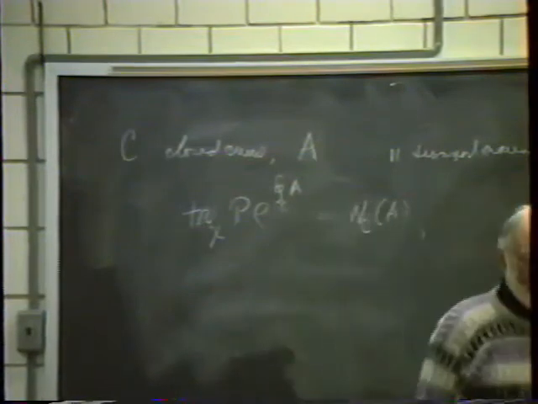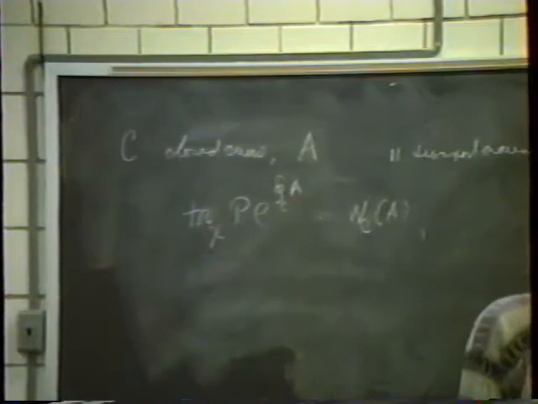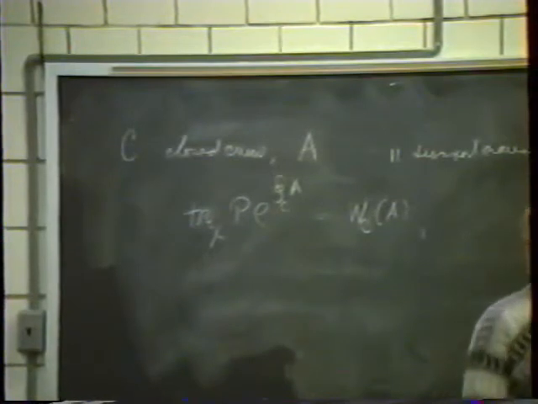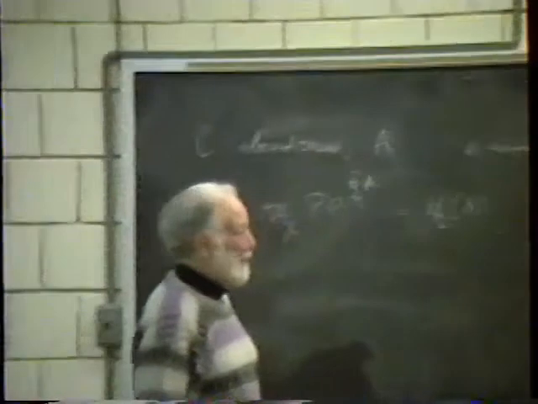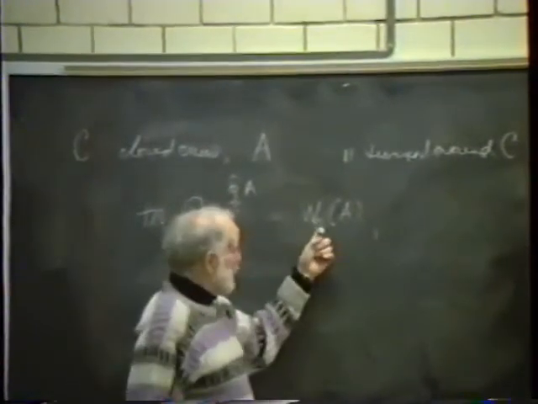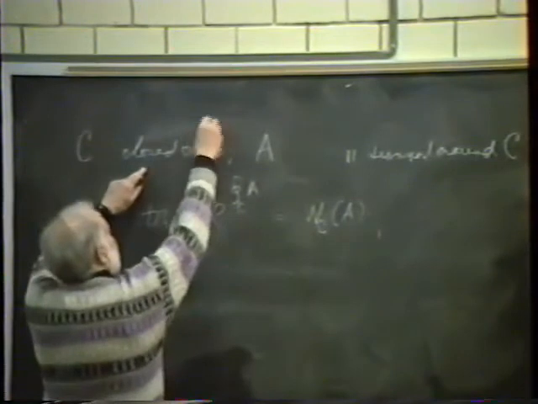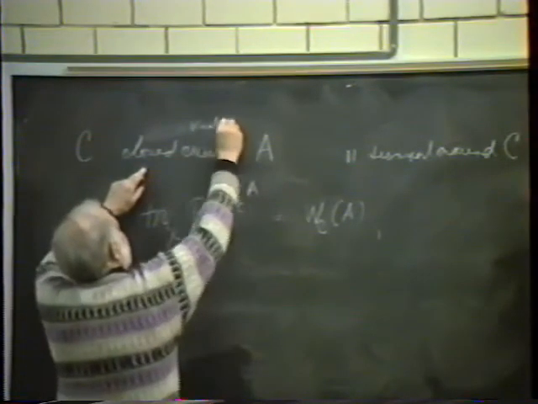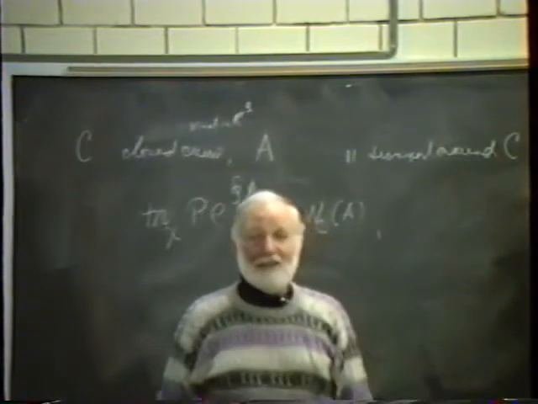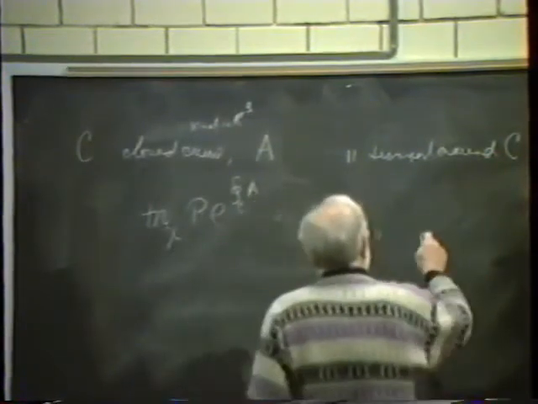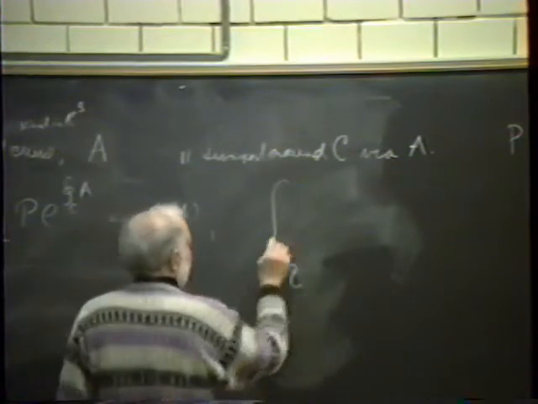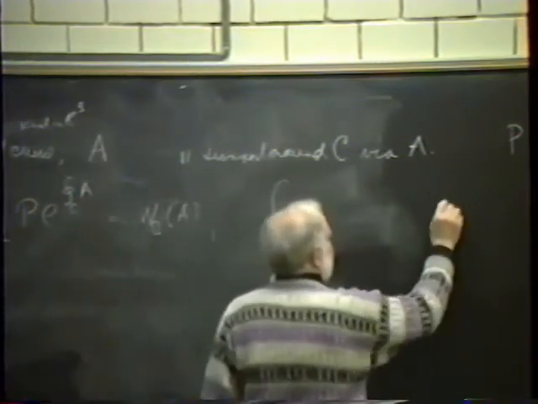After Jones did his remarkable work relating indices of subfactors of rings of operators to knot theory, there were reasons to believe that, in fact, you might be able to get invariants of knots by taking this wonderful function that depended on the knot C, the curve C being a closed curve not intersecting itself, say a knot in R3 or wherever, and averaging over all A. So the idea is the function depends on A. On the other hand, let's average over all vector potentials this particular function.